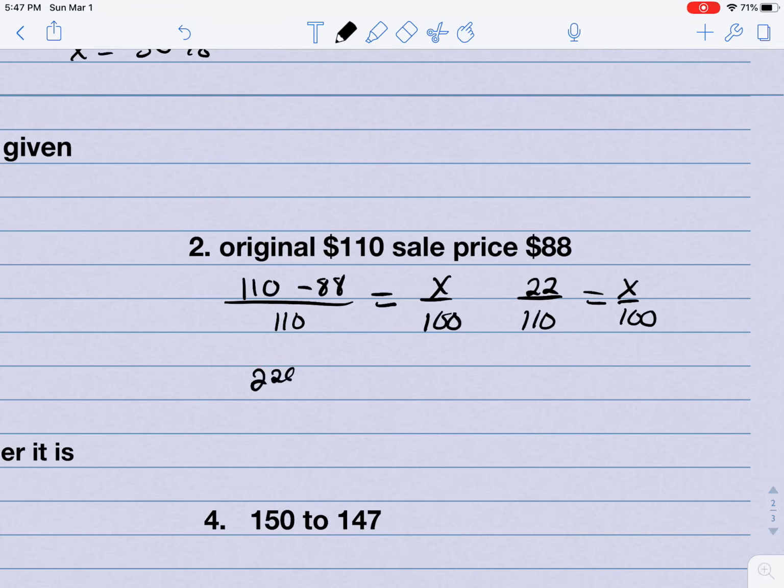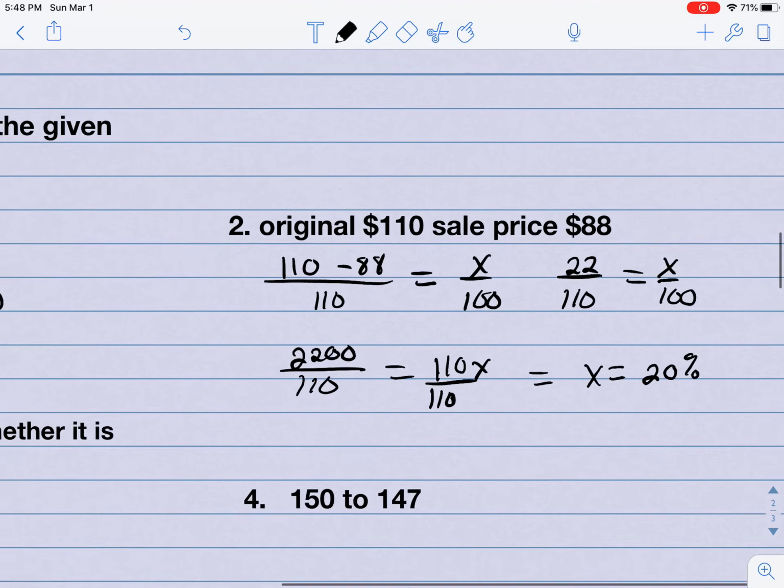You're going to get 2200 over 110 is equal to 110x. I just left the 110 over there because we're going to divide both sides by 110. This is going to leave us with x is equal to 20%. Okay, so that was, once again, decrease.